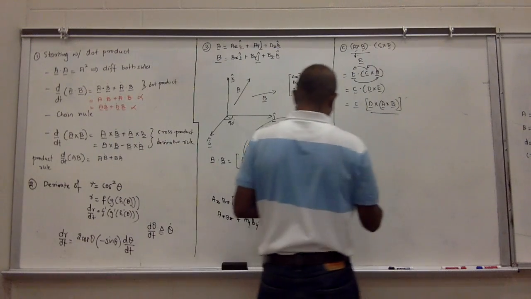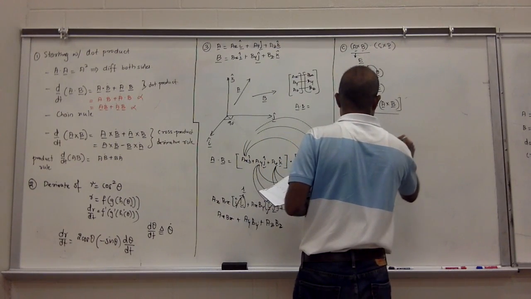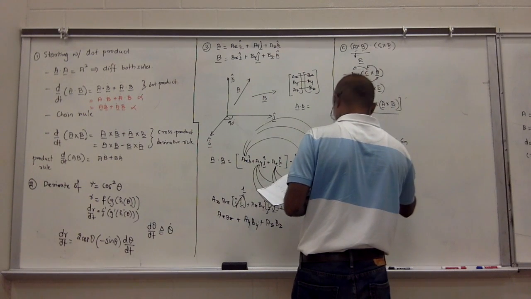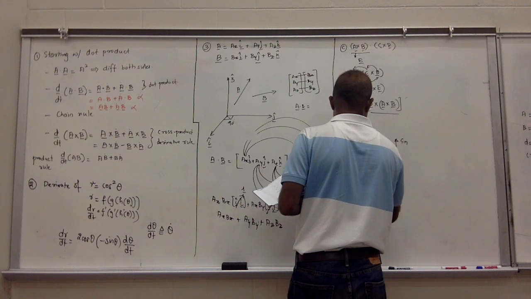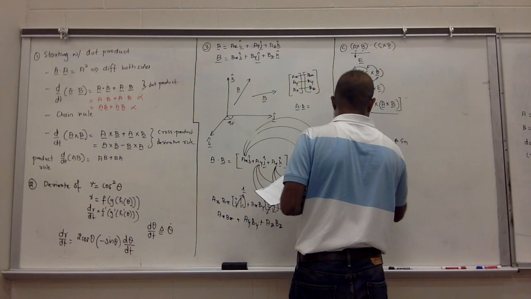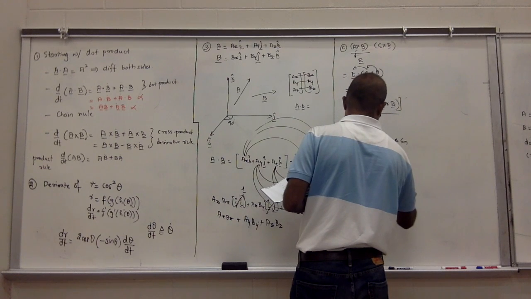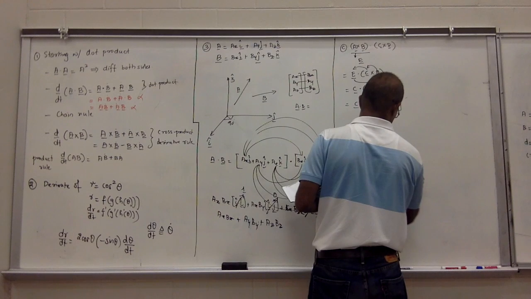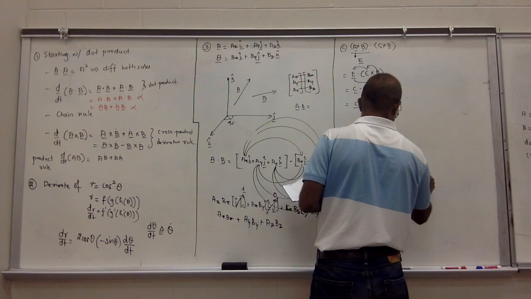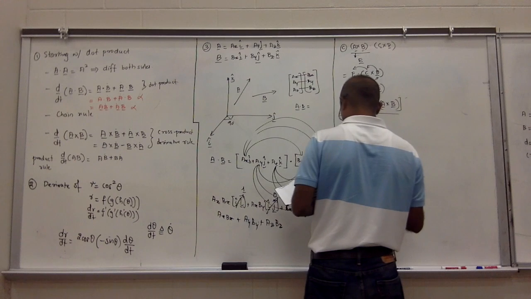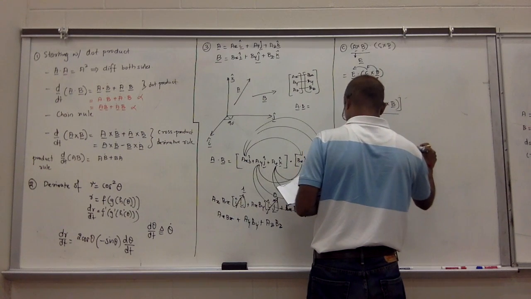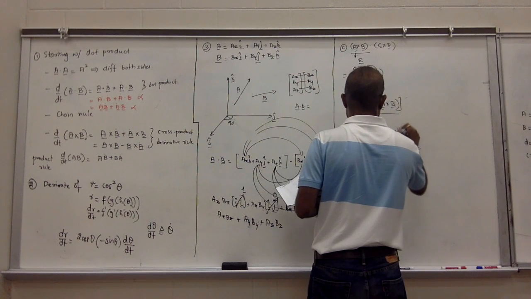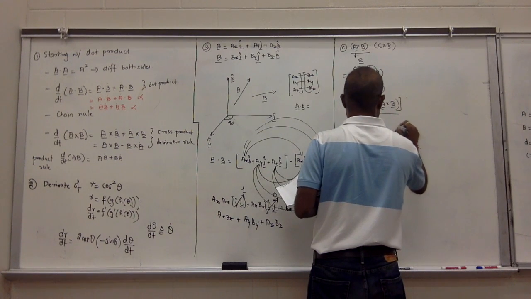You have C, you have A, you have B. This is your vector. This is just defined as the unit vector n.